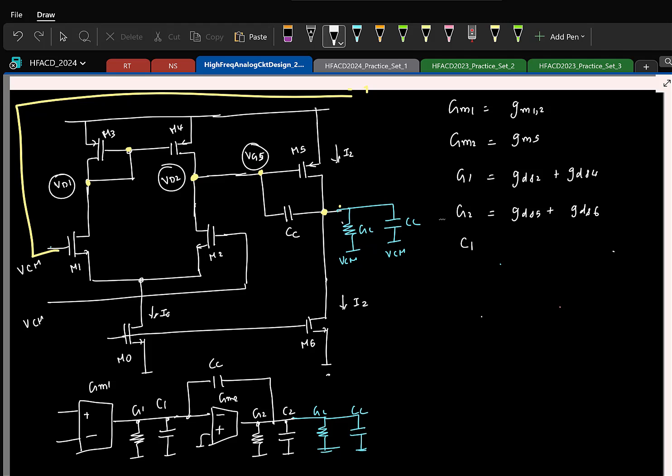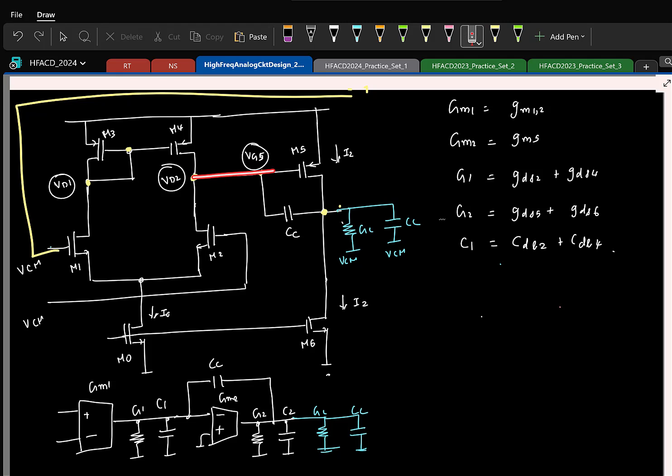So which all contribute to the parasitic capacitance C1 here? C1 is here, right? What are the parasitics contributing to C1? You see which all transistors it is connected to. It is connected to first M2. Drain to bulk of 2 will come. Similarly, drain to bulk of 4 will be there.